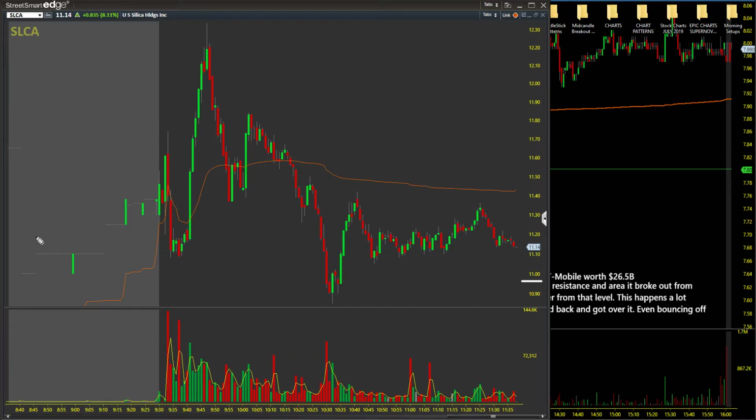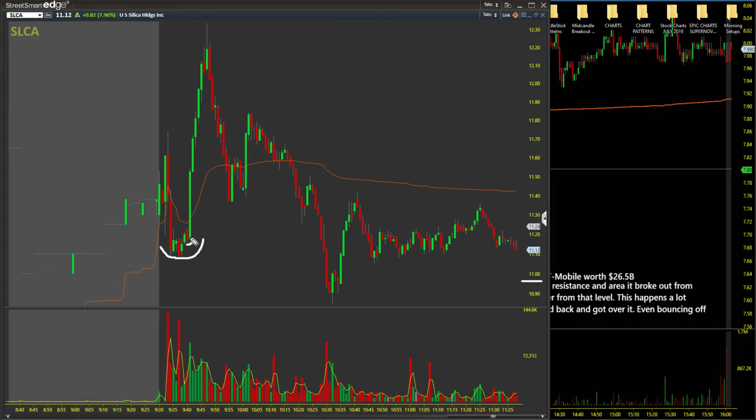And right here, this is what I'm talking about. This rounding bottom right there, that's showing strength. At 11.09, slowly starts to curve around, and then it makes a higher low right here, just below the VWAP at 11.20.